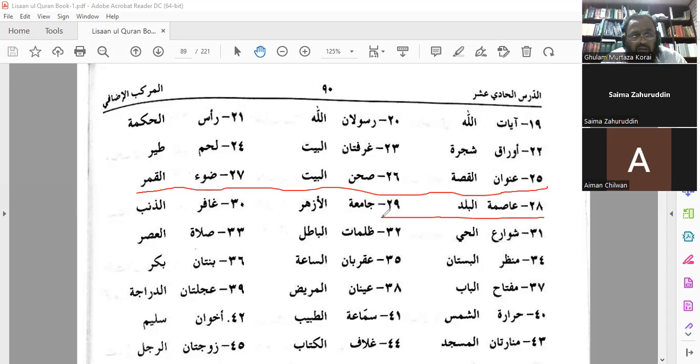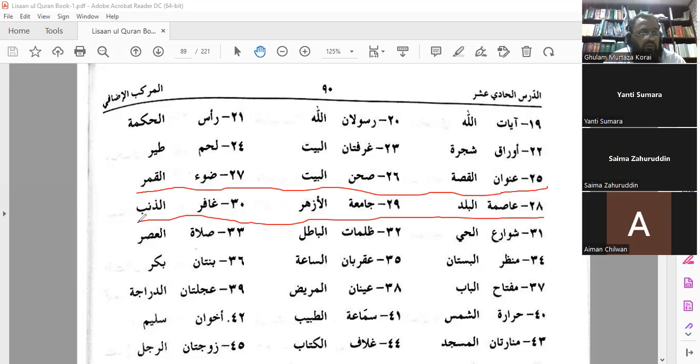Sister Yanti. Asimatun means the capital of the city. Yes, capital city, go ahead. Asimatul baladi. Jami'atul Azhari, very good. It is Ghafir, not Ghufr.